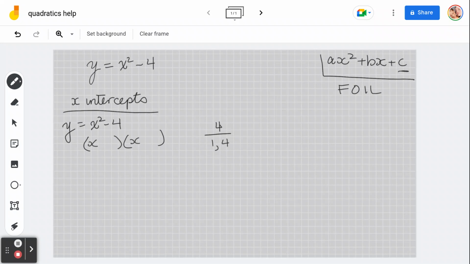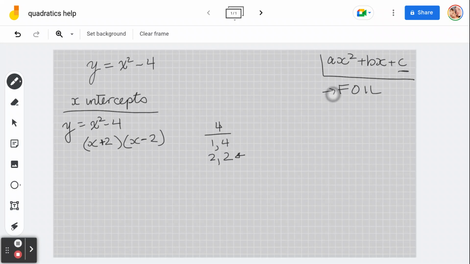The multiples of our c term are 2 and 2, and 1 and 4. When you have a difference of squares in your quadratic function, it's your factors that are the same. So we have a 2 and a 2, and one is positive and one is negative. And this is always the case.